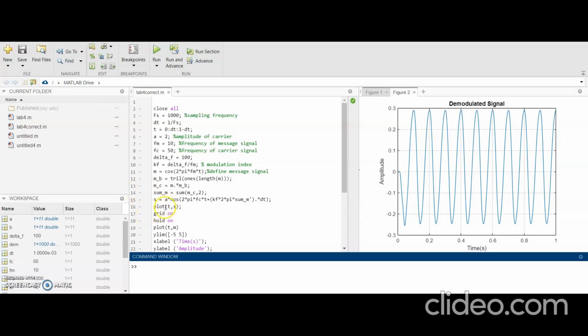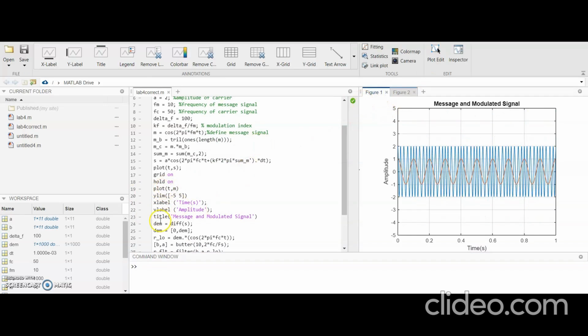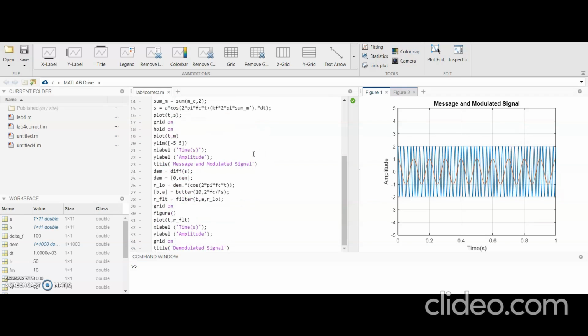Then we use the commands plot, grid, and hold on to plot our graph. Then we label the x-axis as time and the y-axis as amplitude, and the title is measured and modulated signal.